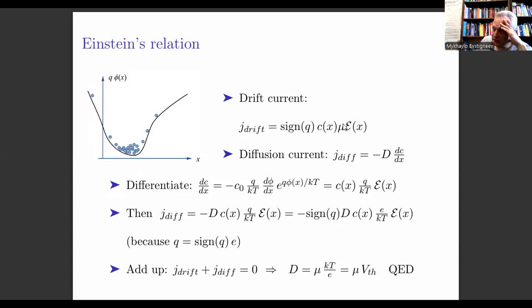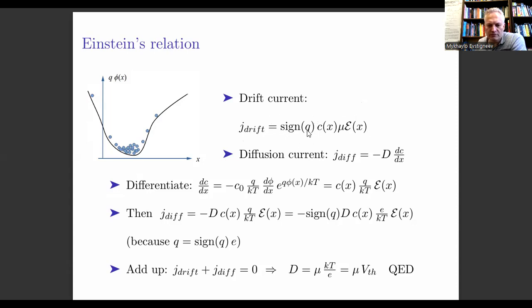And in order to take into account that positively charged particles drift in the direction along the electric field and negatively charged particles, electrons, drift against the electric field, I multiply the magnitude of the current density with the sign of the charge of my particles.